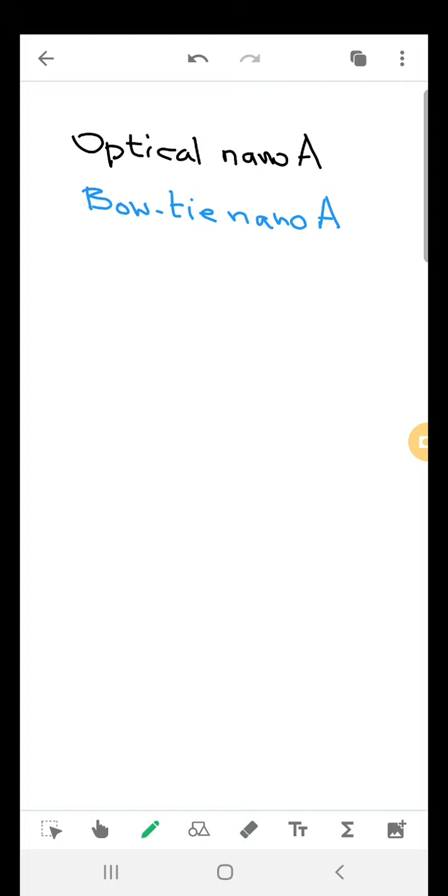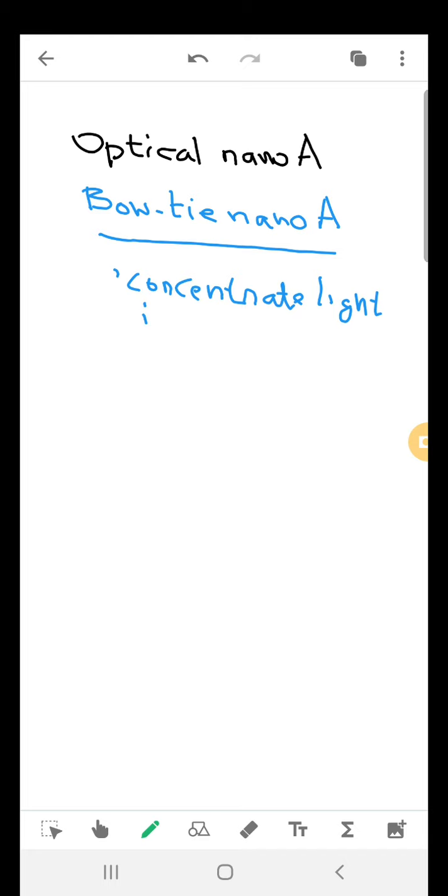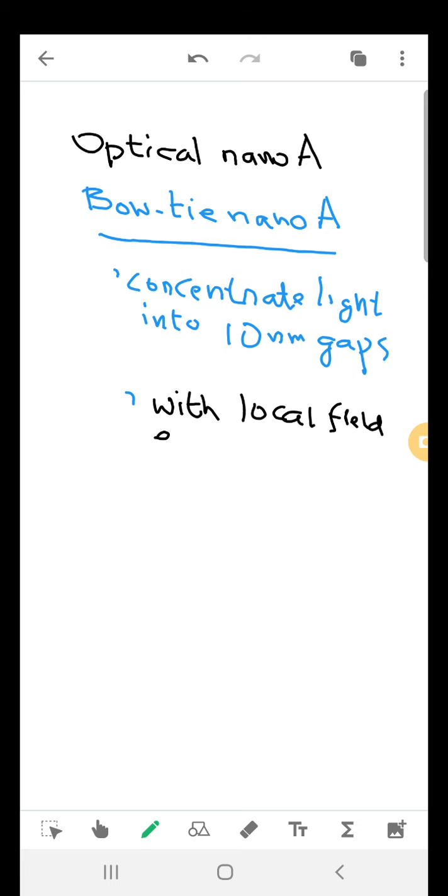These bow tie nano antennas can concentrate light into 10 nanometer gaps with local field enhancement of the order of 10 to the power 4.